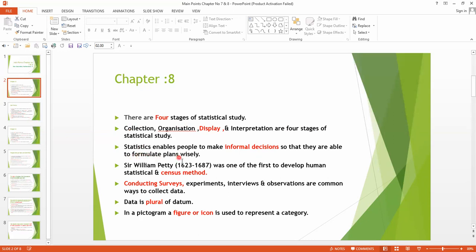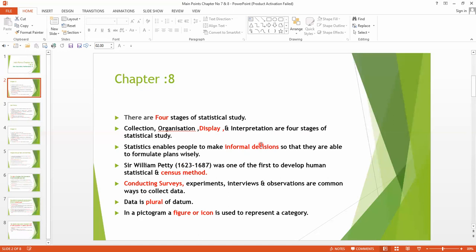Statistics enables people to make informal decisions, or you can say wise decisions. Instead of writing informal, you can write statistics enables people to make wise decisions so that they are able to formulate plans wisely. Why are they able to make wise decisions?